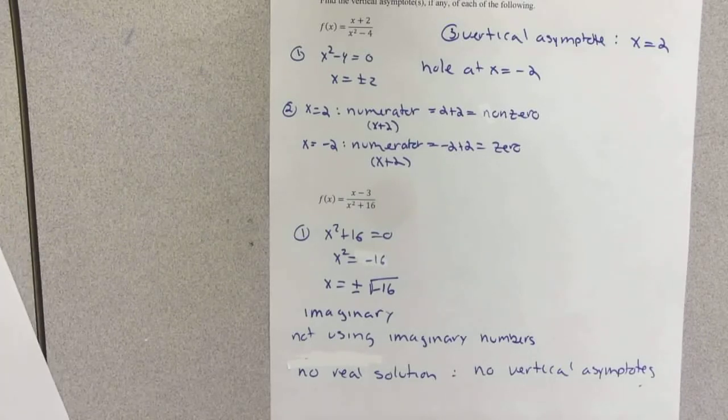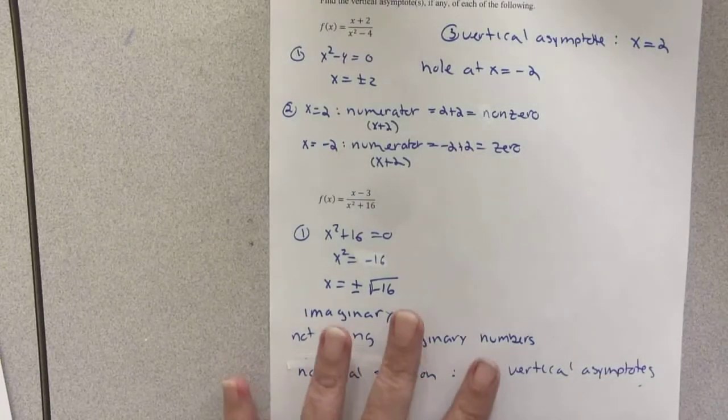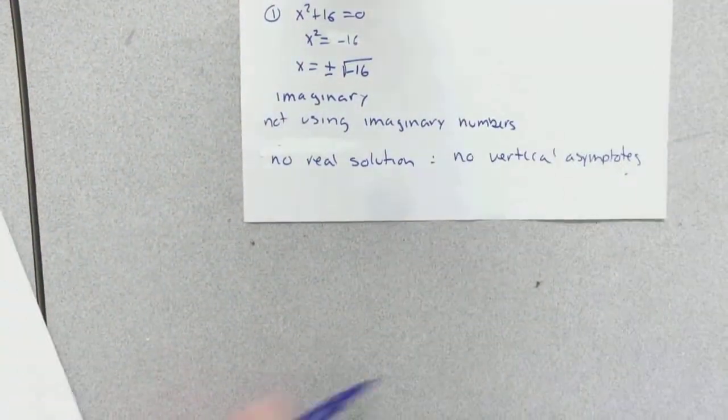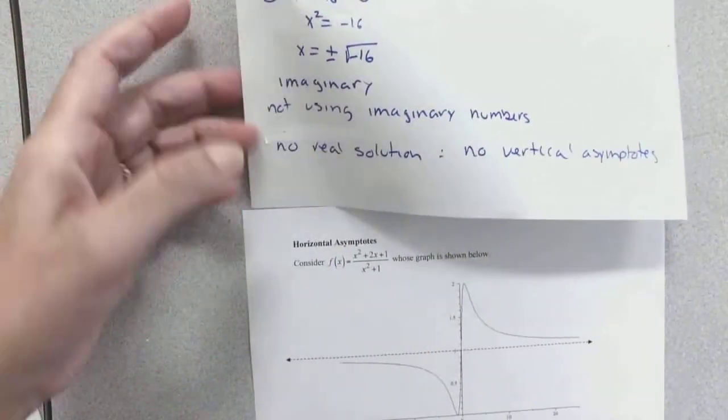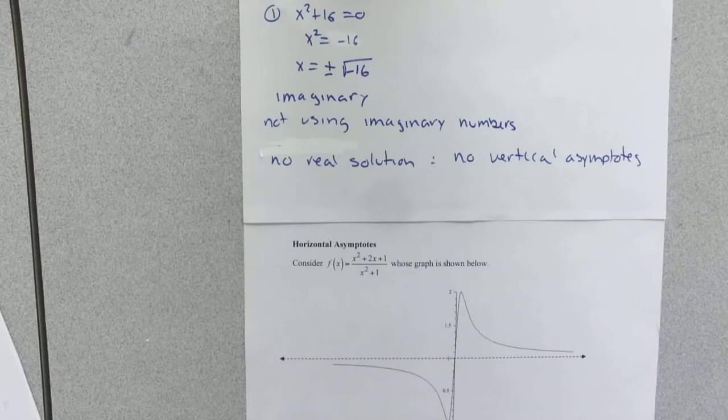So like I said, there are 3 types of asymptotes: vertical, horizontal, oblique. We aren't going to talk about oblique, so that leads us into horizontal. So horizontal asymptotes. There I have a graph down below. I have f of x equal x squared plus 2x plus 1 over x squared plus 1, and there is that graph.